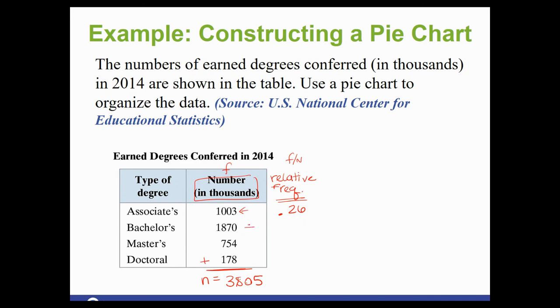Then for our second row, we take 1870 divided by our sample size, 2 decimals, 0.49. And repeat this down the column. So each frequency divided by sample size, round it to 2. Watch your rounding here.